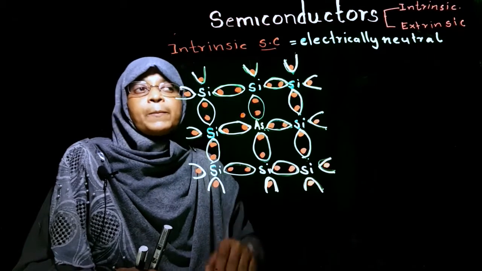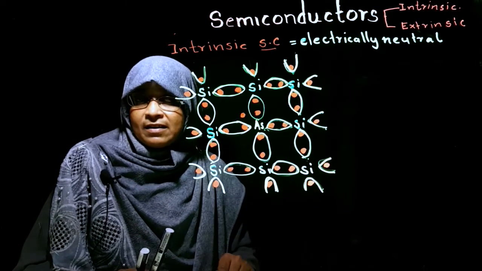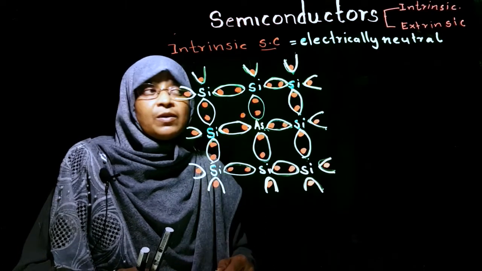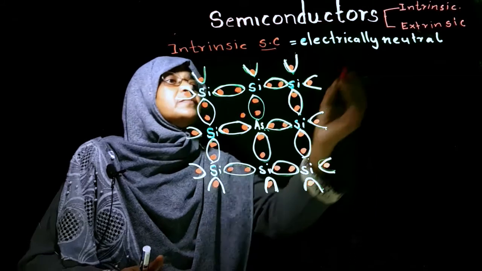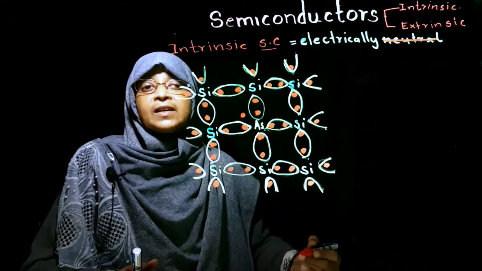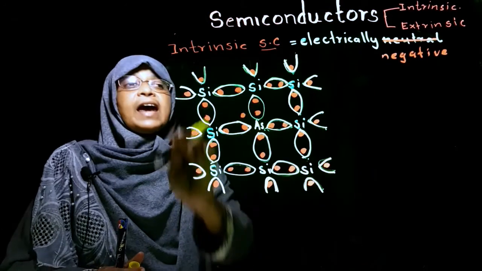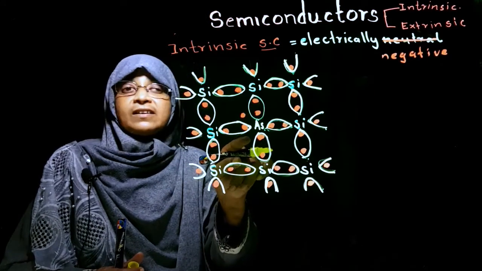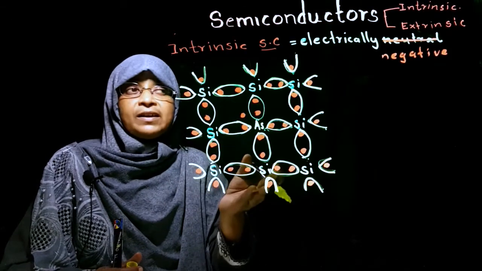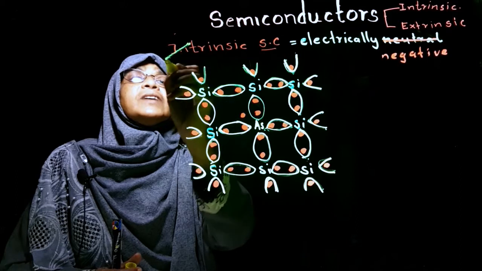So we know this pure lattice is electrically neutral. Now a negative charge is in excess here. So this neutral lattice becomes negative. Now this is not an intrinsic semiconductor because it is mixed with another element. The mixing process is called doping. After the doping, this becomes extrinsic.